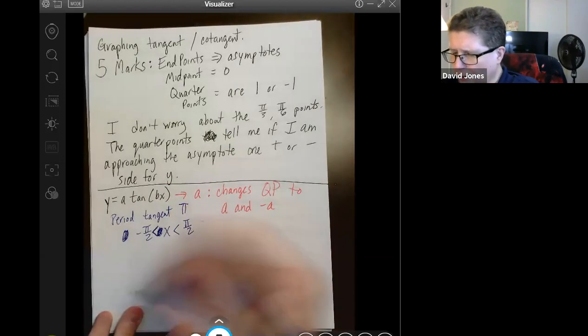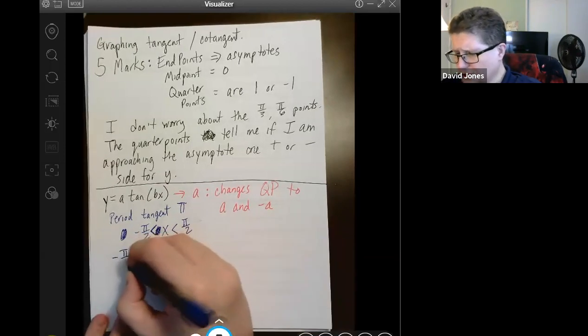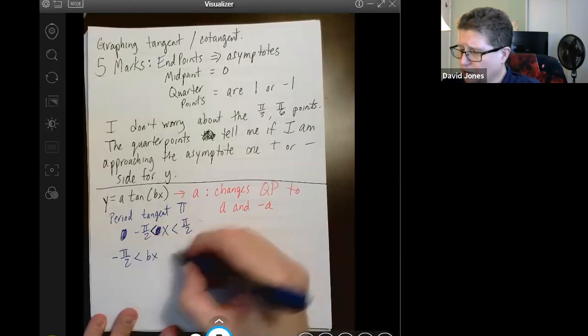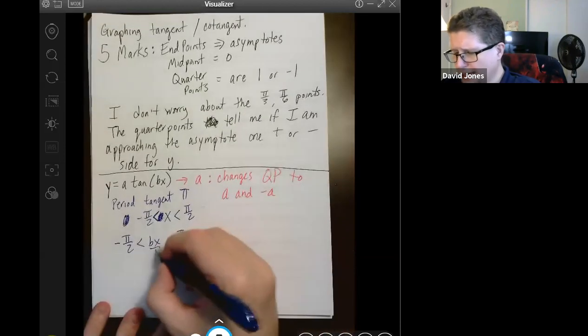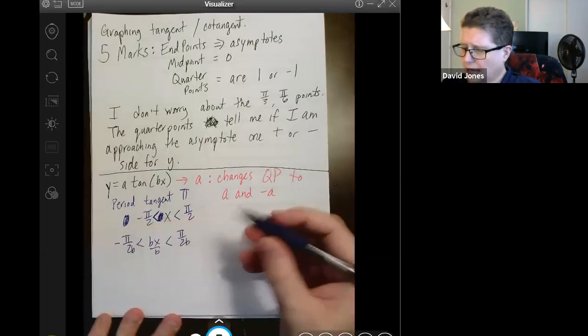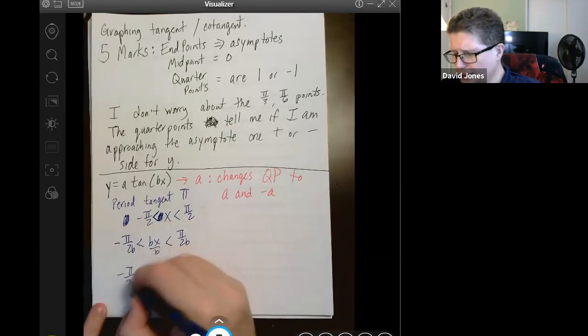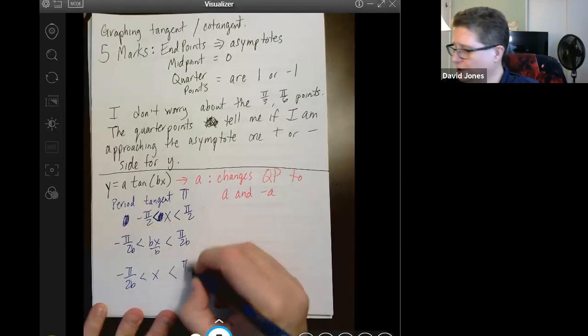And now we're going to replace x with bx. So I got negative pi over 2 is less than bx, which is less than pi over 2. We divide by b. And we get negative pi over 2b is less than x, which is less than pi over 2b.